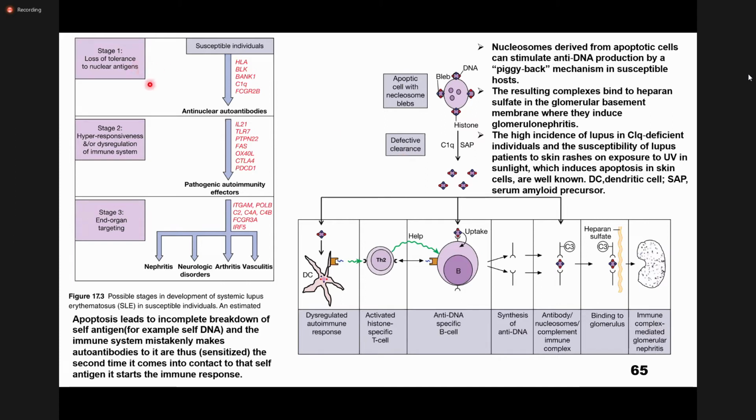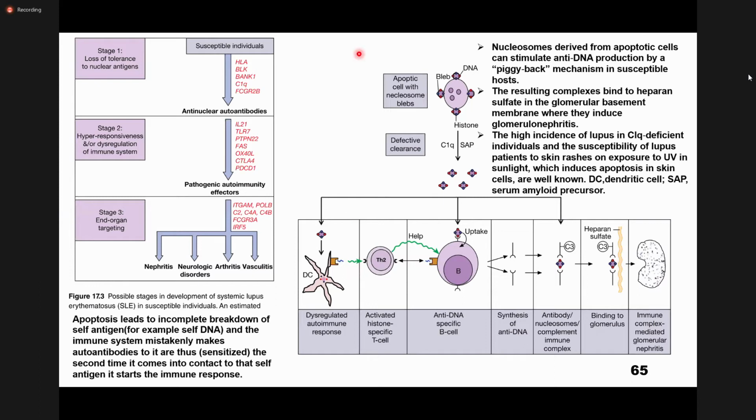So in SLE, it's not just the autoantigens that cause it, there are other factors like genetics, okay, that really play a role here. So in this case, it's mostly anti-nuclear autoantibodies, okay? And there is a hyper response in your immunity, causing different pathogenic autoimmunity. And then there is a failure of different organ systems, okay?